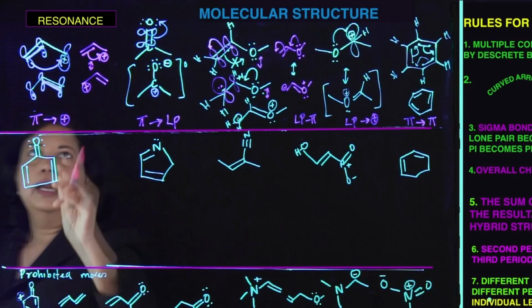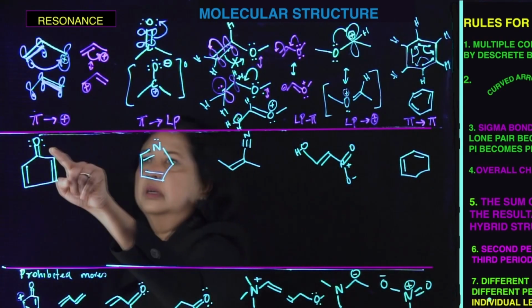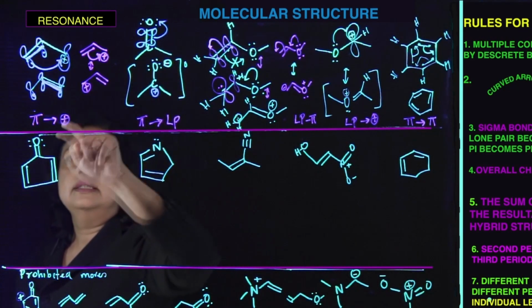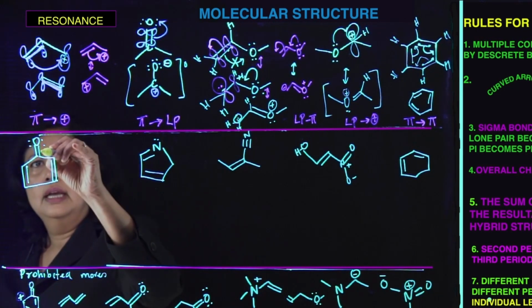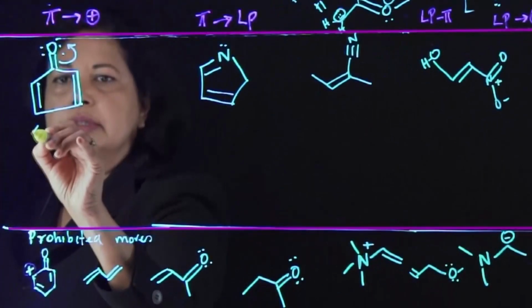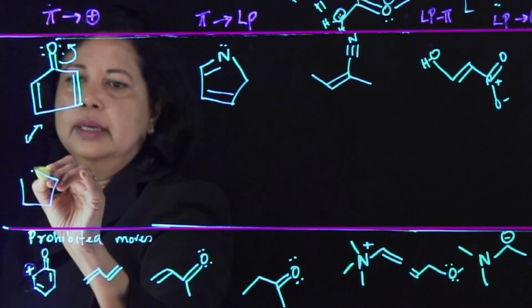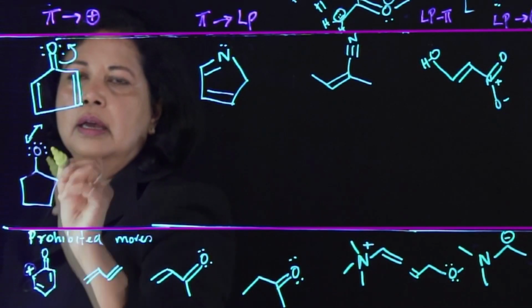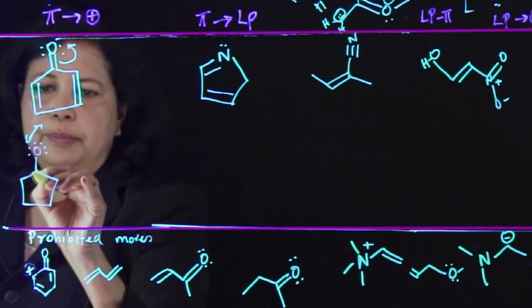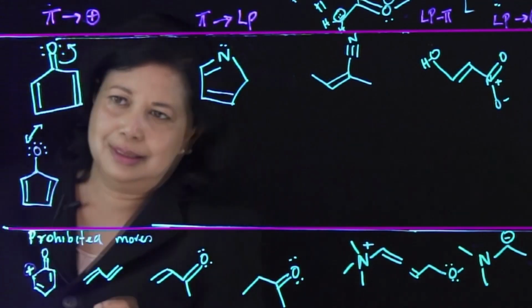And we are going to apply that here. What do we have here? Well, we have something similar to this, pi to lone pair. Great, so let's do that. Okay, so I'm going to draw it over here. We have pi to lone pair over there. Now, please don't forget to put the charges, formal charges.